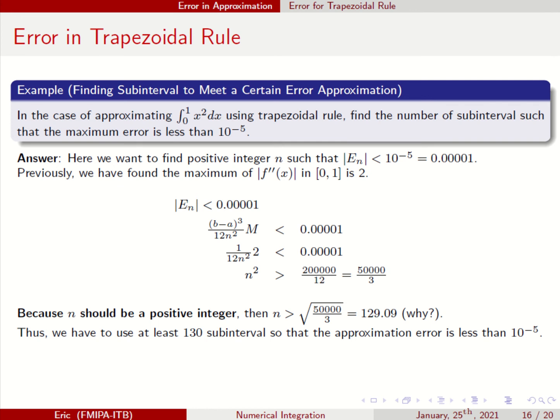Like n squared greater than 4: bring it to the right-hand side, so n squared minus 4 is greater than 0. I can factor this as (n plus 2)(n minus 2). So the answer is n greater than 2 or n less than minus 2. But n should be positive, so we just take n greater than this.